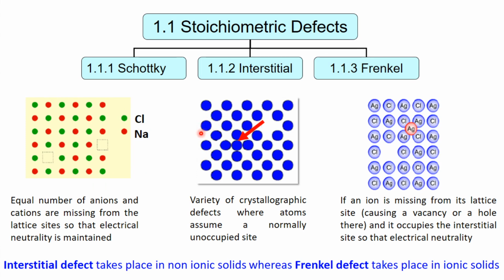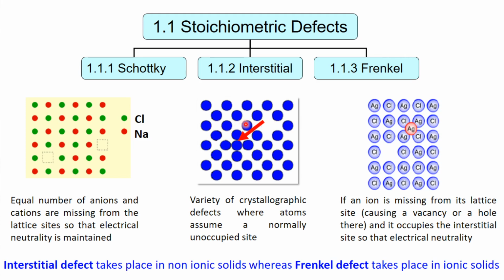Interstitial defects. Interstitial defects are a variety of crystallographic defects where atoms assume a normally unoccupied site. For example, in this above figure showing atoms represented by blue spheres, you can see there is one atom missing from this site, and it is occupying a site which is usually not occupied.